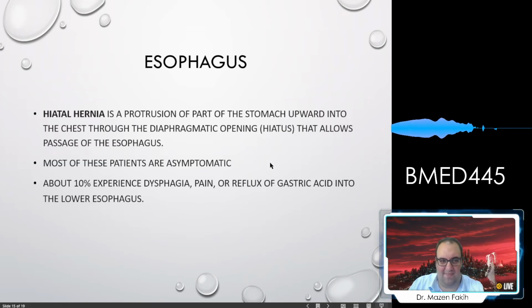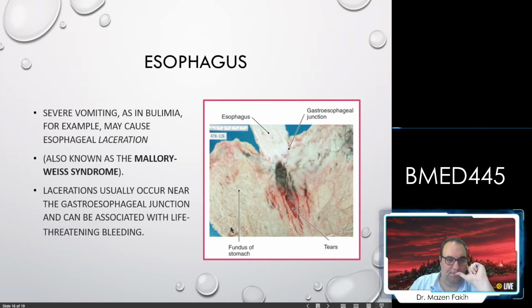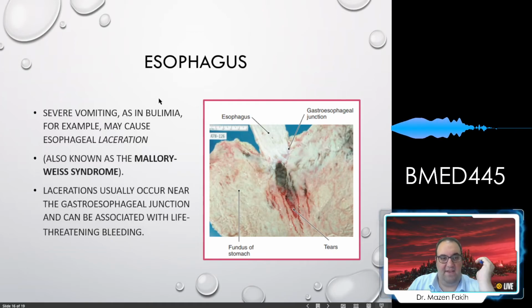Usually it's asymptomatic. بس ممكن كتير ب10% من الحالات انه يكون في وجع لما بنبلع بنسميها dysphagia, chronic pain, او ممكن يكون في reflux of the gastric acid على lower esophagus. Severe vomiting بالبوليميا يلي بنسميه Mallory-Weiss syndrome.